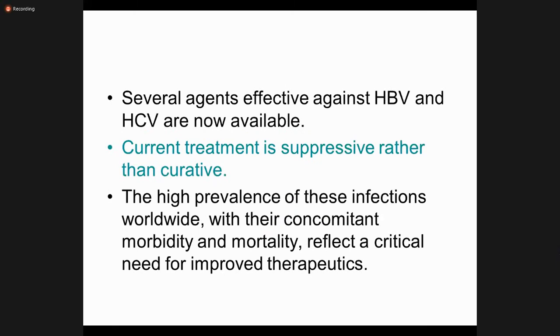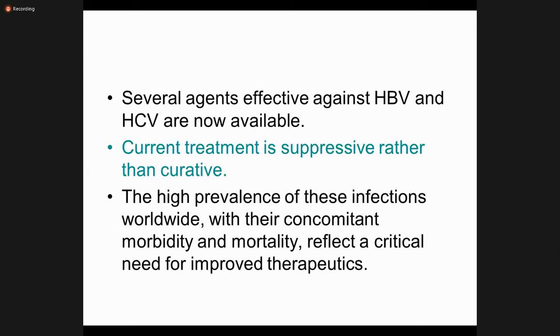Several agents effective against hepatitis B and hepatitis C viral infection are now available. The important point is that the treatment is suppressive rather than curative. By giving treatment, we can inhibit or avoid the complications that can develop.